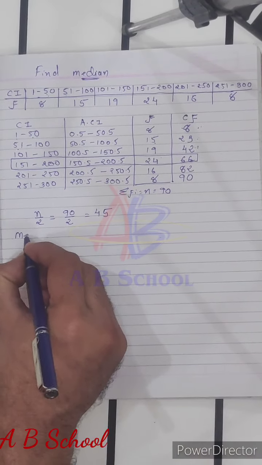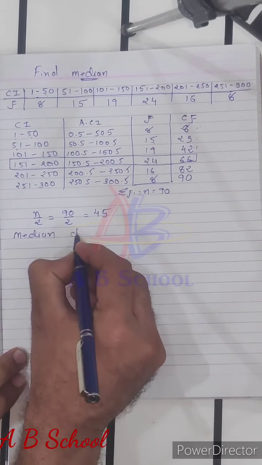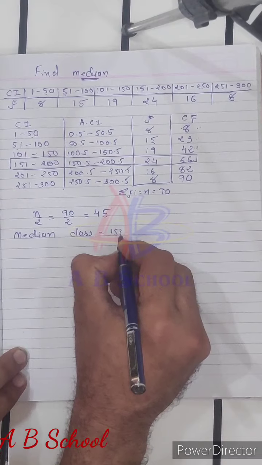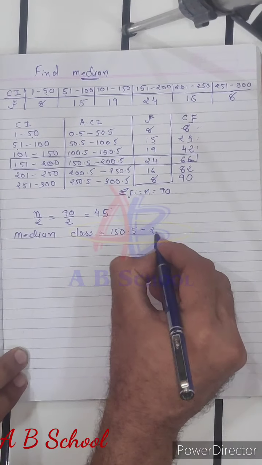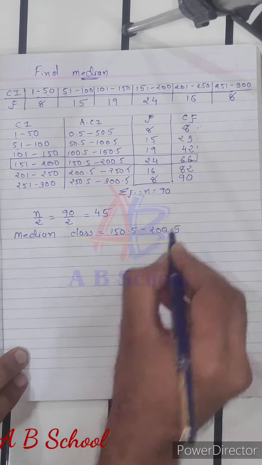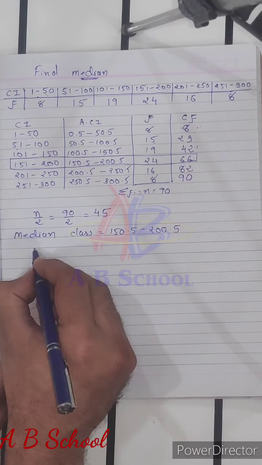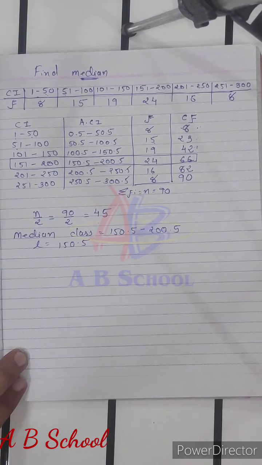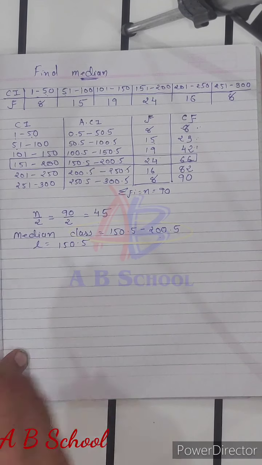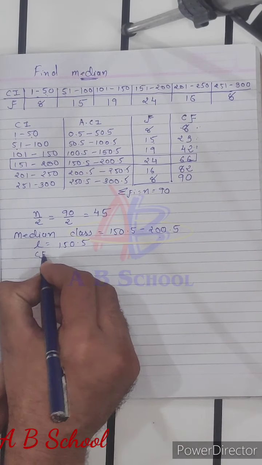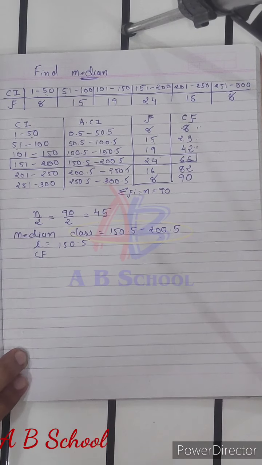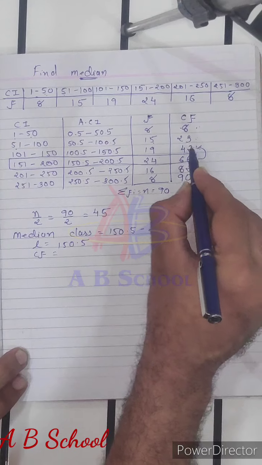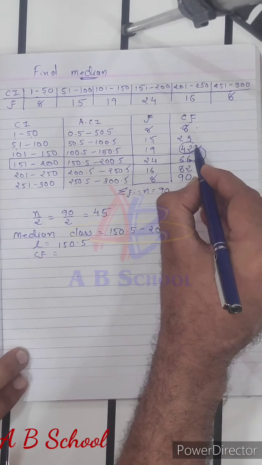So the median class is 150.5 to 200.5. Now L is equal to 150.5, and n by 2 we have already obtained. CF is the cumulative frequency preceding the median class.